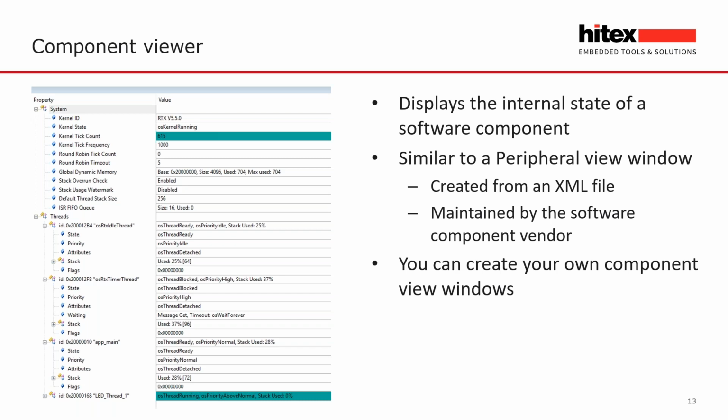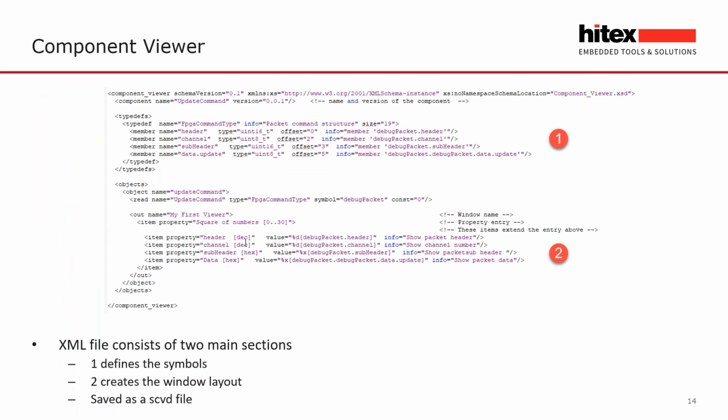Now, these views are made in a similar way to the peripherals in that they're constructed from XML files. Here we have an example of a component viewer XML file. The top half is used to describe the symbols and the data, and the bottom half is used to lay out the window with those symbols.